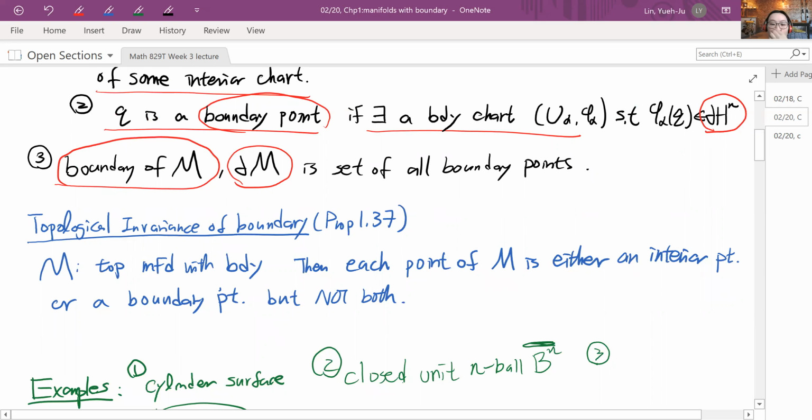If you have a three-dimensional solid ball, then the boundary is the sphere, which is two-dimensional. And if you view the boundary as a topological manifold itself, it is a manifold without boundary. So when you ask what's the manifold boundary of the boundary, there's no boundary here. So you should be a little bit careful.